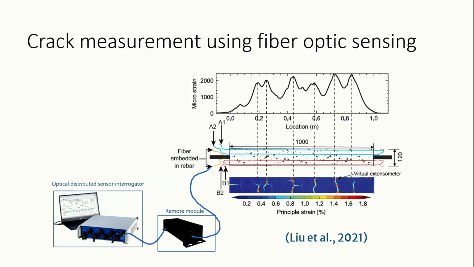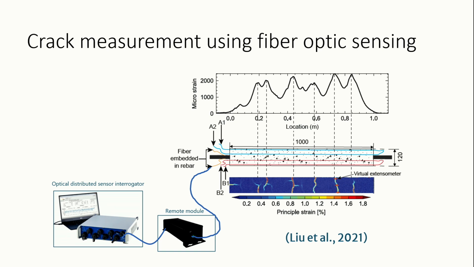For example, here is the work done by Liu et al. here at UC Berkeley. And you can see there are some peaks showing in the fiber optics that are inside an element that is subject to a tension test. You can compare that to the digital image correlation that is shown at the bottom.